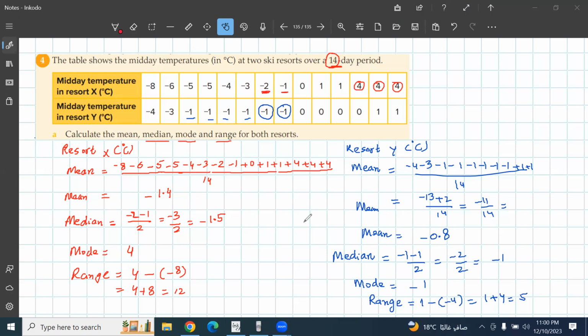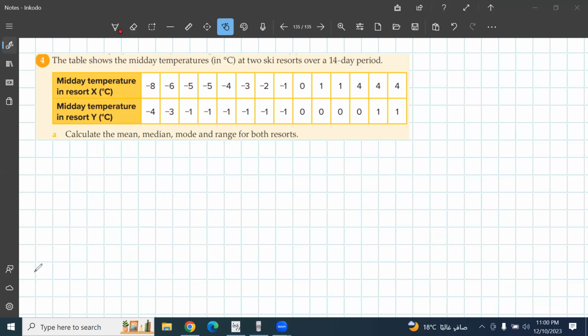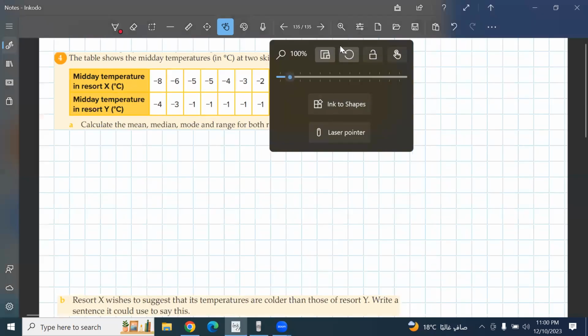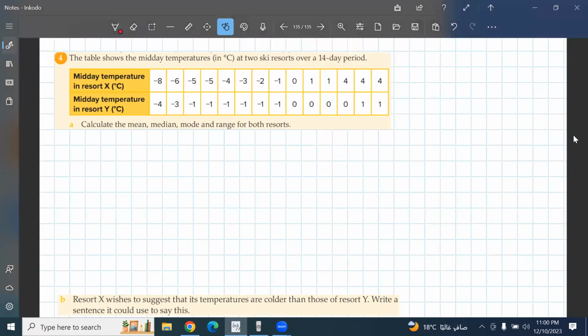But we have two more questions related to these. Remember that we will compare these values next. So have a look. Next we have two more questions related to this.